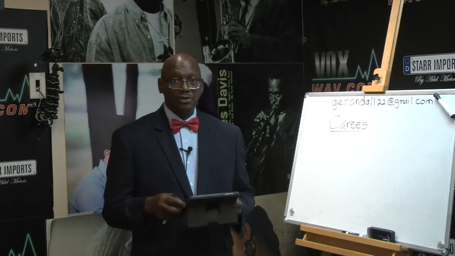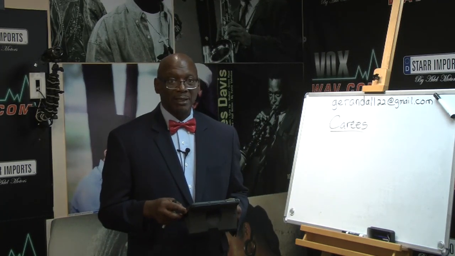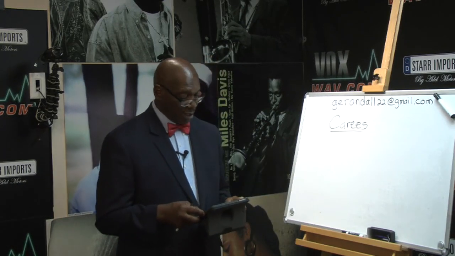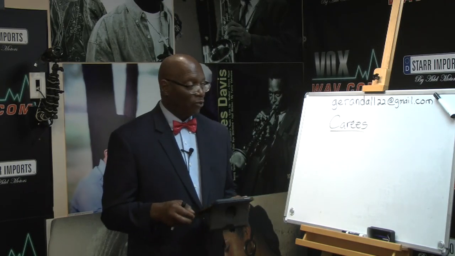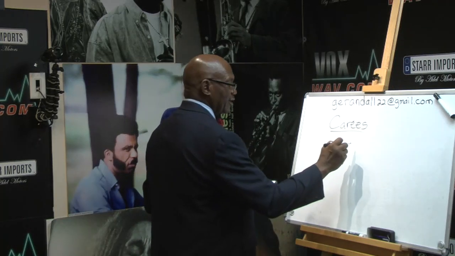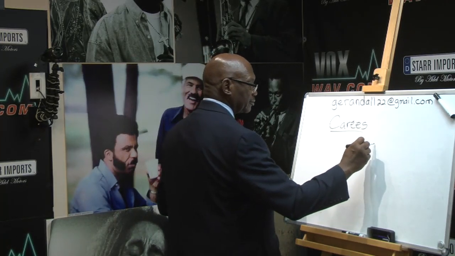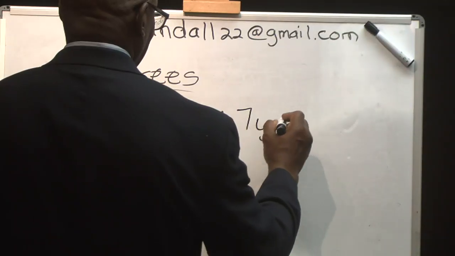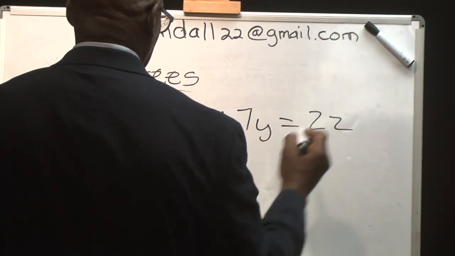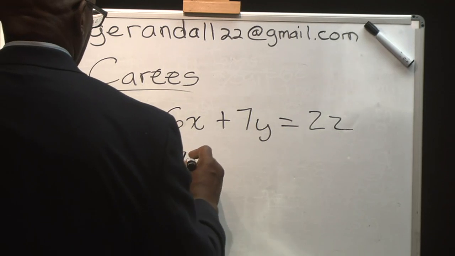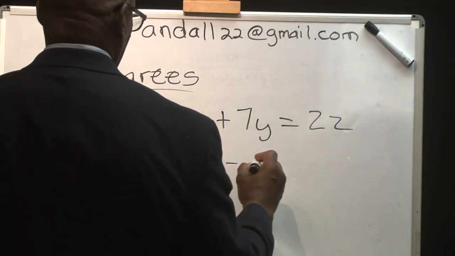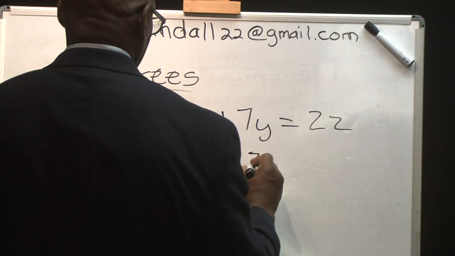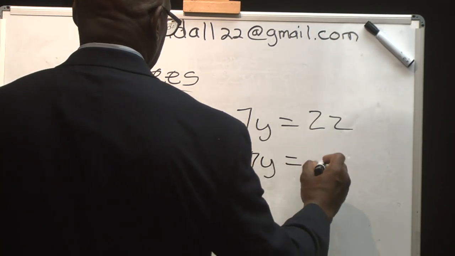Well, today we're going to cut it short because when I come back next week, we're going to be talking about solving equations called systems of equations, where it'll look something like this. 6x plus 7y equals 22. 7x subtract 7y equals 40.